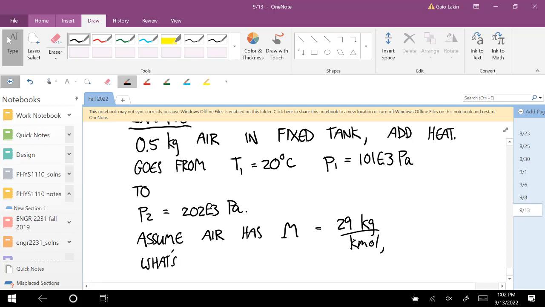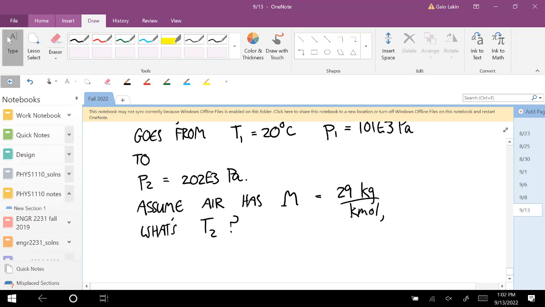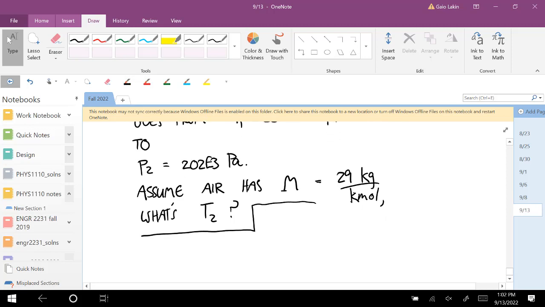What's the final temperature, T2? So 29 kilograms per kilomole, we can rewrite that in SI units as 29 times 10 to the minus third kilograms per mole.